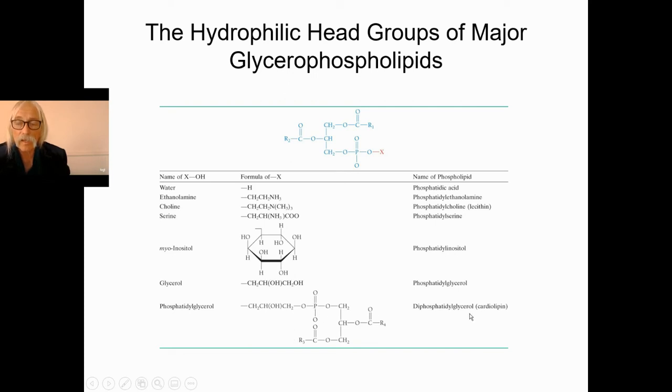This diphosphatidylglycerol is basically a 2-component lipid, and it's got a very special name. It's called cardiolipin, and cardiolipin is the major lipid you find in the inner mitochondrial membrane in animals. It's named, of course, because the first time it was isolated was from cardiac muscle. So there's a lot of diphosphatidylglycerol or cardiolipin in heart muscle, as you might guess.